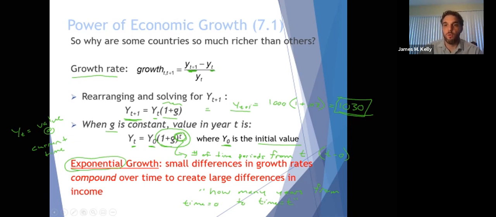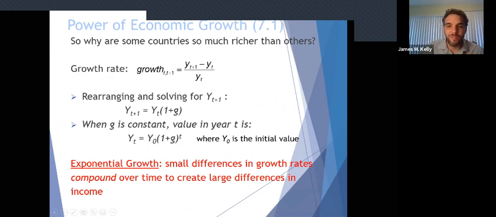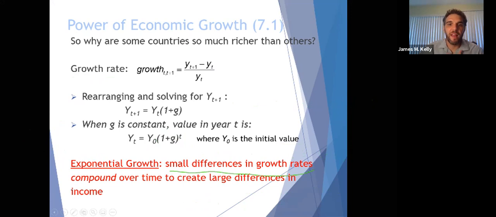Okay. So let me clean this up a little bit. The number of time periods: if there's a relatively small difference in growth rates for two different countries, and that persists over a large amount of time, then those small differences are going to grow into really big differences in overall income. And so when we talk about economic growth, economic growth compounds on itself.